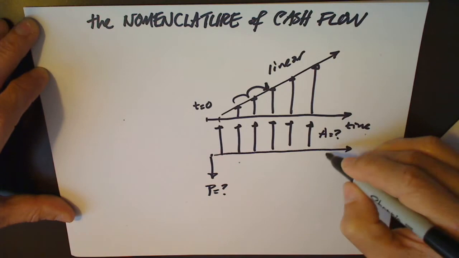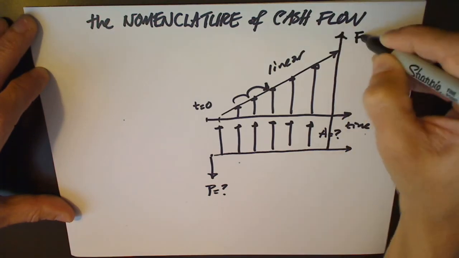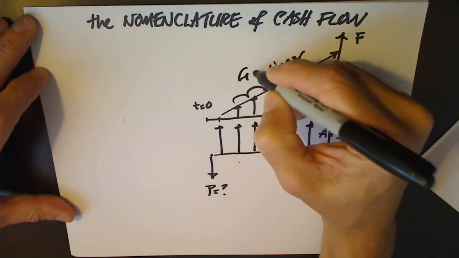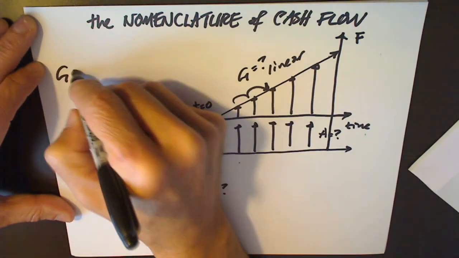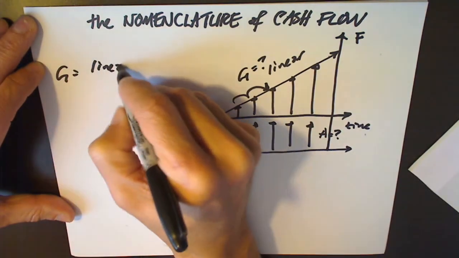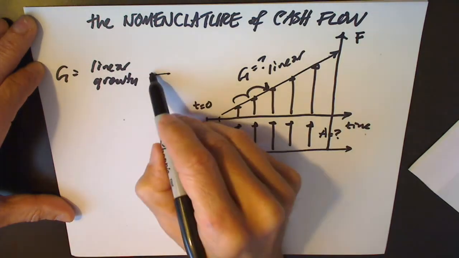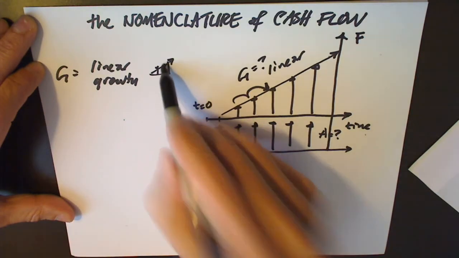It could have some future value component, and it could have this linear component. We're going to call the linear component G. G equals the linear growth in this triangular portion of the cash flow diagram.